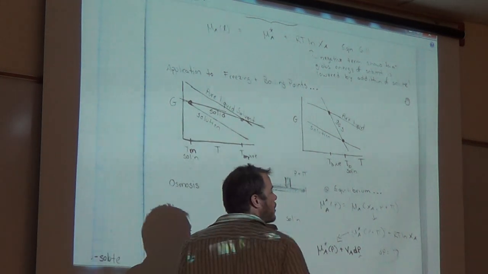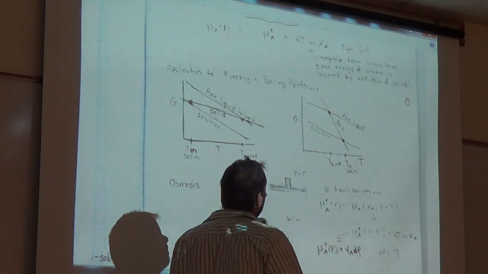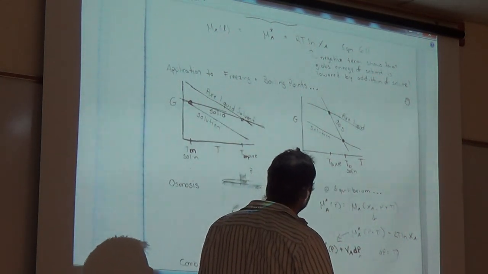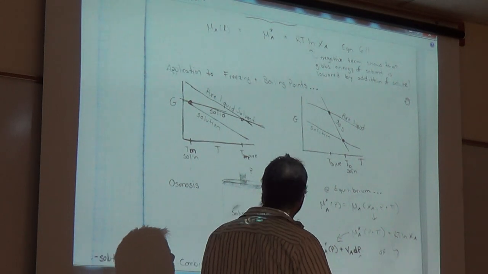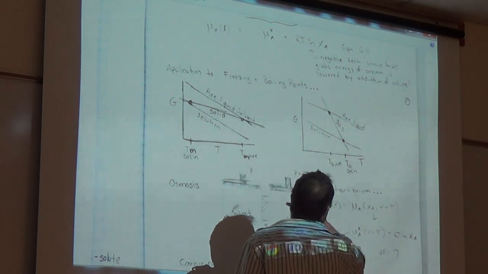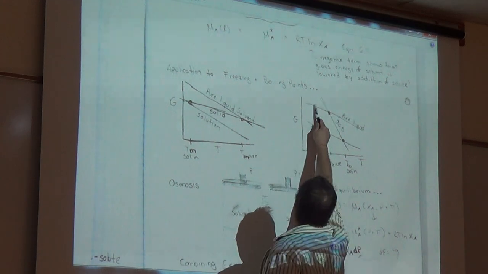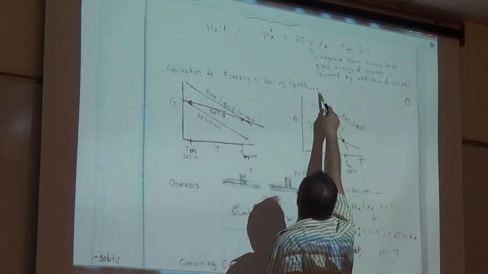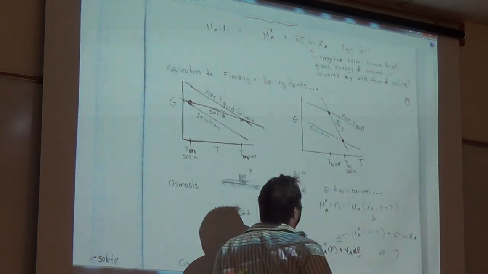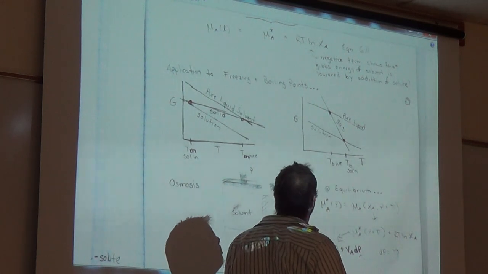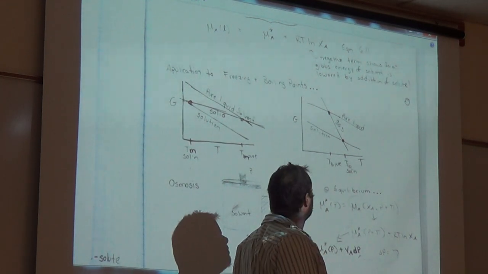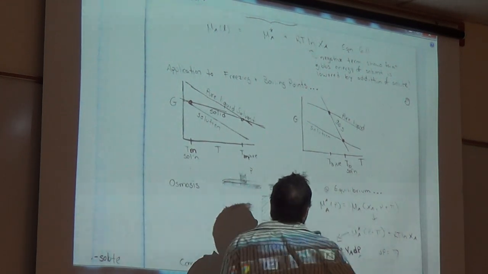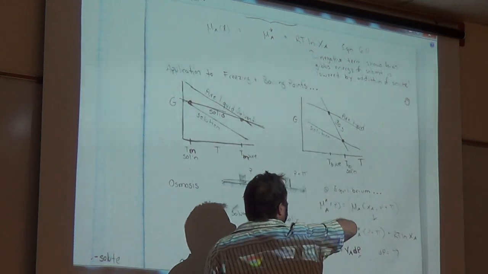So we can now address the boiling point shifts. You take the pure liquid curve and the gas curve. Remember, the gas curve had a much larger slope than the liquid curve. They've got some point of intersection.